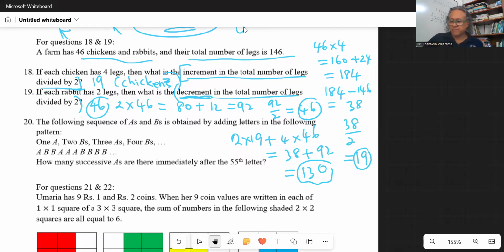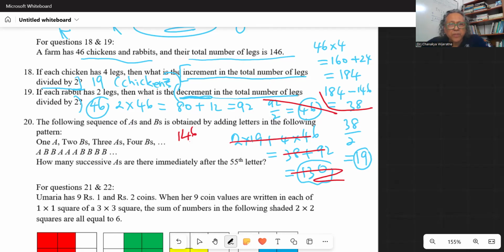Okay, I paused and found the mistake. I'm going to use a red color. We need to find the decrement, which is 146 minus 92, which is 42.